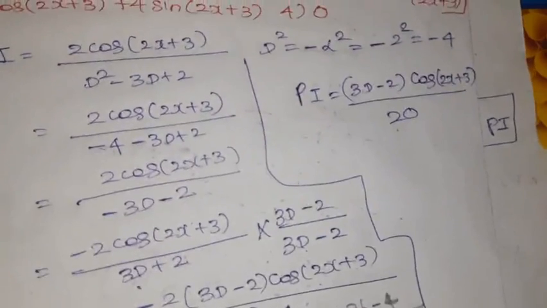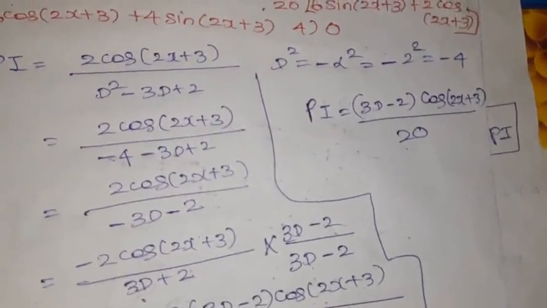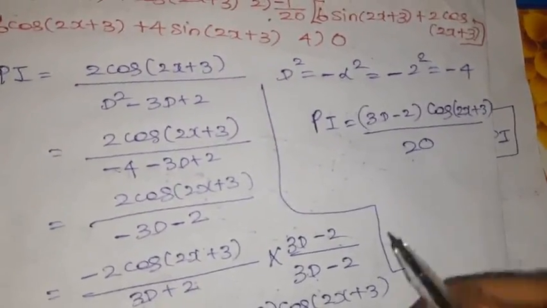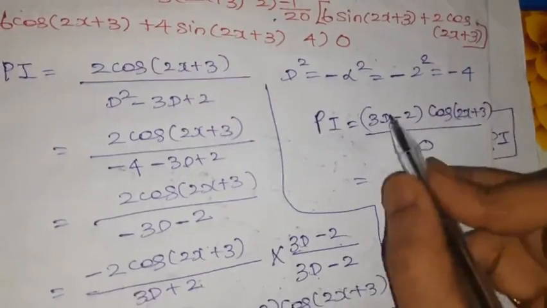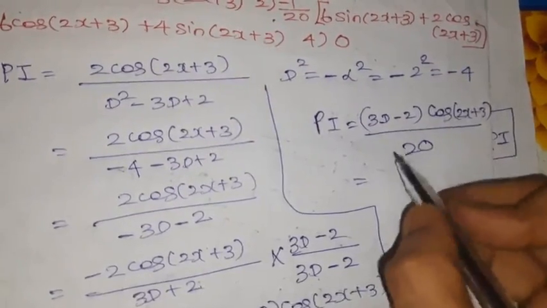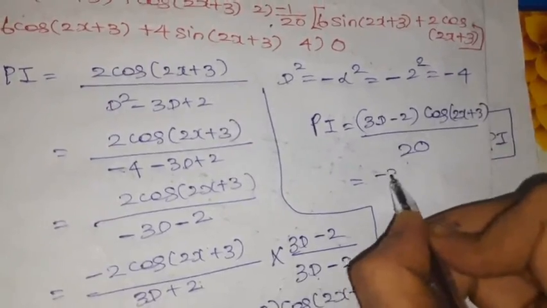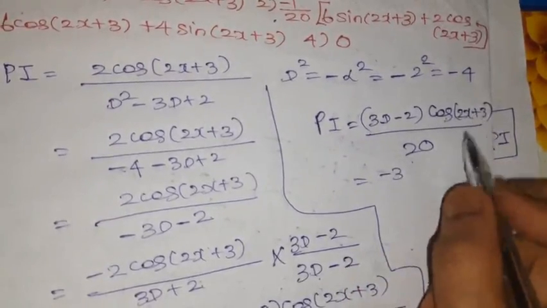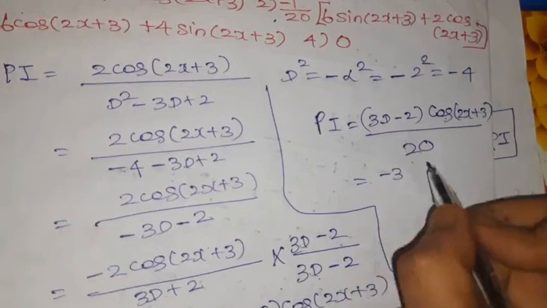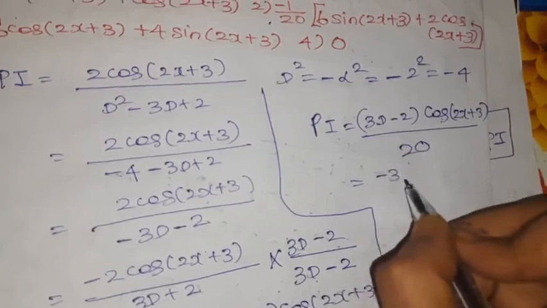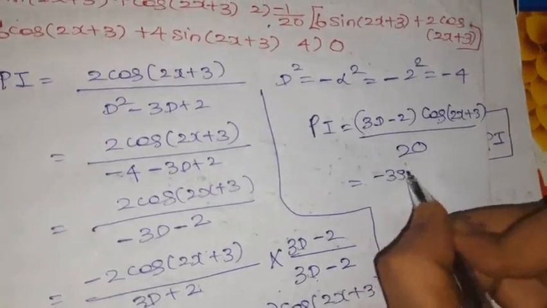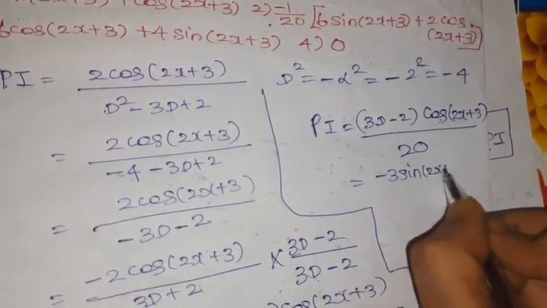Now multiply with the cos of 2x plus 3 inside, what we will get? 3 into differentiation of this term. Differentiation of this, what we will get? Minus 3 cos x is nothing but sin x, so minus sin x. So I am writing here minus 3 into sin of 2x plus 3.